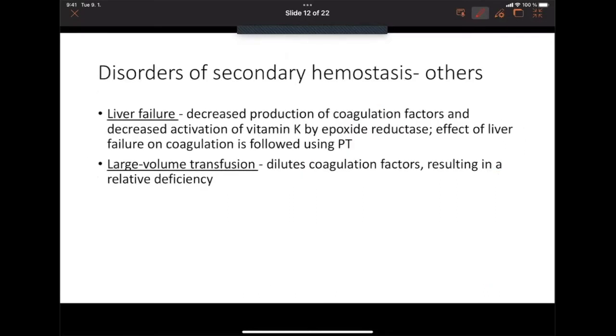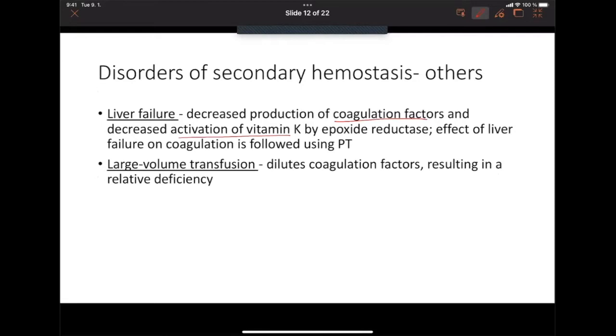Another thing is liver failure, because why? The coagulation factors are proteins and they are produced by the liver. And also, the activation of vitamin K is done in the liver. Honestly, if you have liver failure, you are very prone to bleeding disorders.